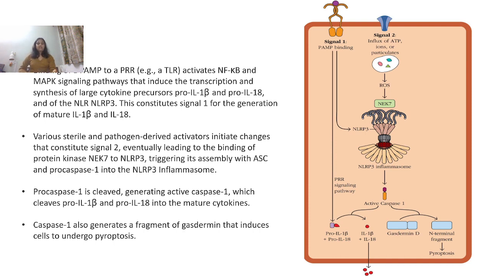Whenever there is inflammation, the cells will try to degrade or die, and gasdermin cleaved by active caspase 1 promotes this pyroptosis. So this is the signaling through which NLRP3 can work, and there is heavy inflammation, from which the term inflammasome came.